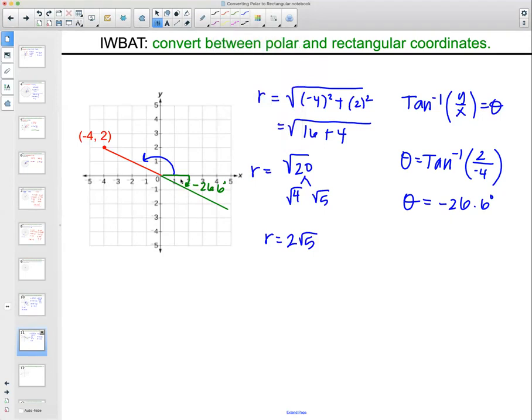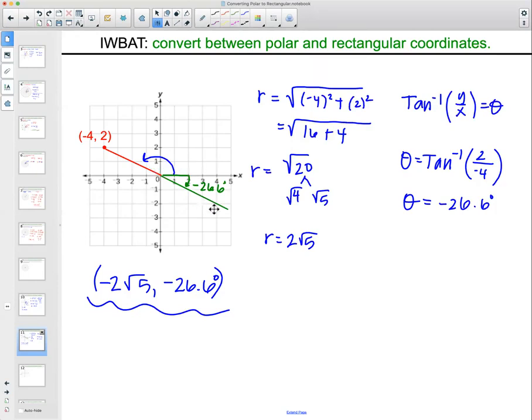This first one I think is probably the easiest if you just think plotting this angle and flipping the radius backwards. So to do that, you can just take the angle it gave you, negative 26.6 degrees, and when you want the radius to flip backwards on that angle, you just make the radius negative. Okay, so then that's going to be okay.